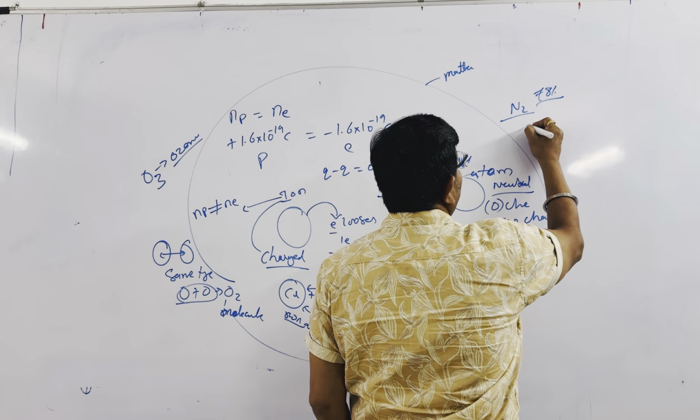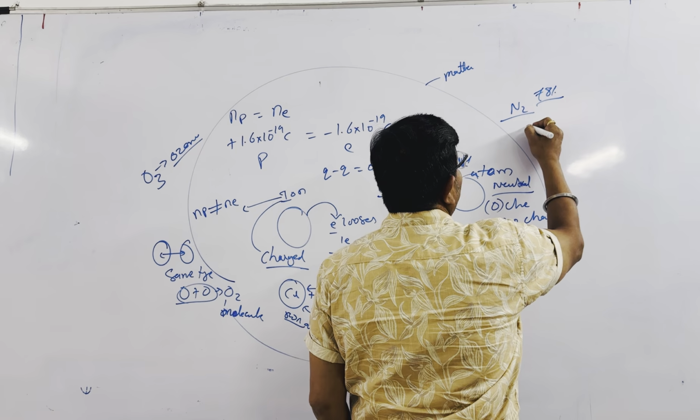So in case of negative ion, electrons are greater in number than protons. In case of cation, number of protons is greater than number of electrons. Positive is greater than negative. So it is a positive ion, it is a negative ion, and it is a neutral atom. Atom is neutral.